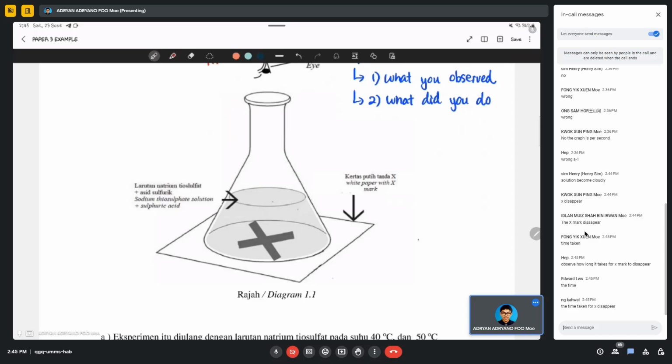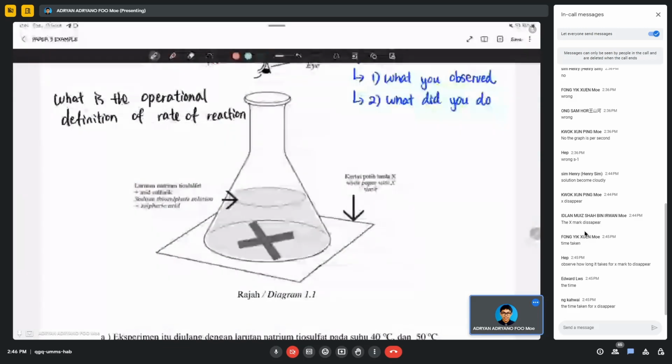What is the operational definition of rate of reaction in this experiment? See? They said operational definition.